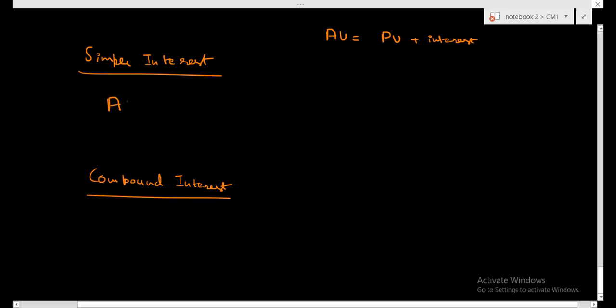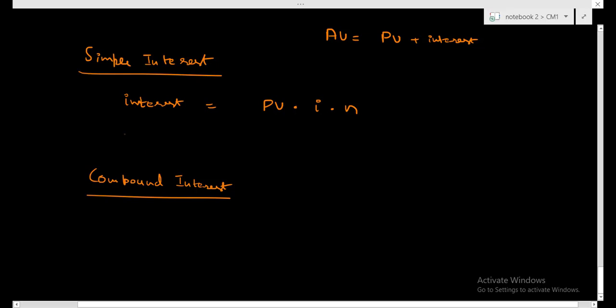In case of simple interest, the interest amount can be found directly as a percentage of the present value. So basically it is equal to the present value into the interest rate into the number of terms that have passed. So I can write this as n.